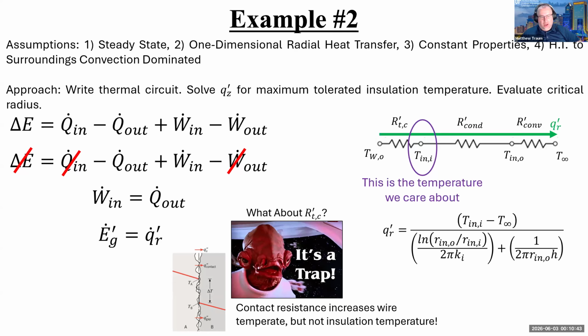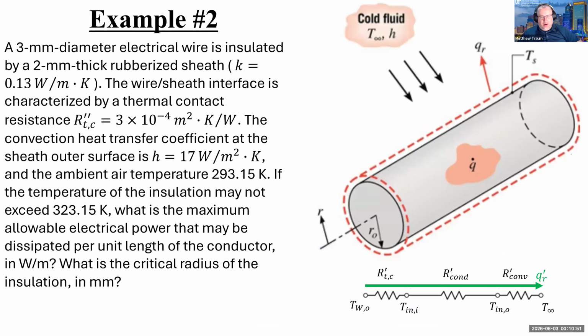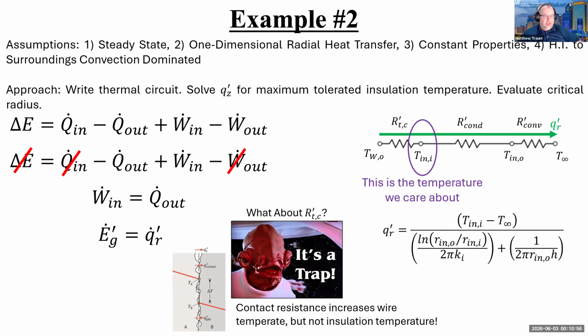And then, whoa, where did this come from? Well, I'm putting electrical power into this wire by running current through it, right? And if you remember back to thermo, electrical power is a work input, not a heat input. And so this term cannot be removed because I am actually doing electrical work on my system. So this term stays. So with everything else canceled, I end up with just that W dot in is equal to Q dot out.